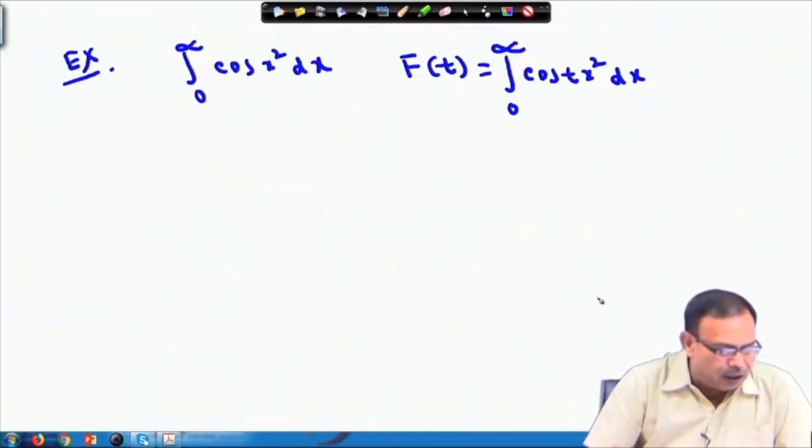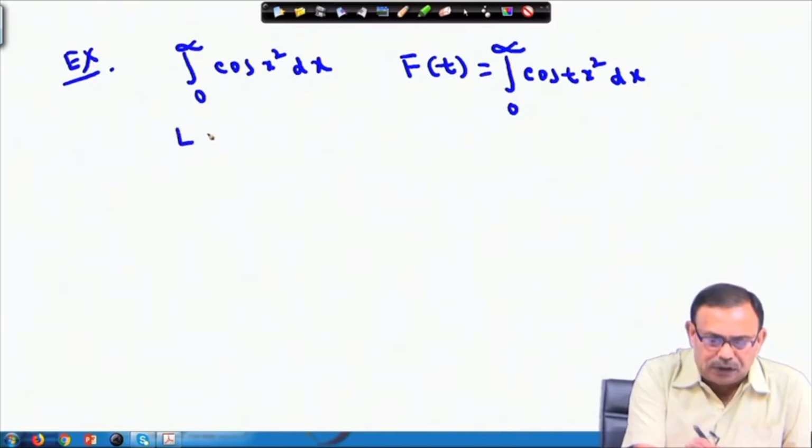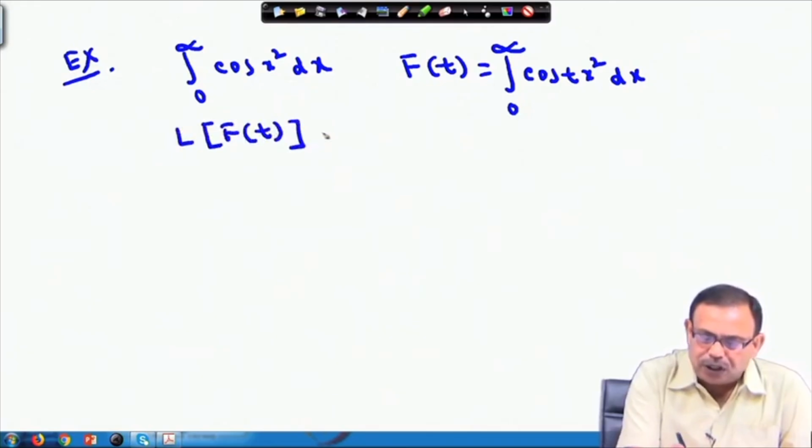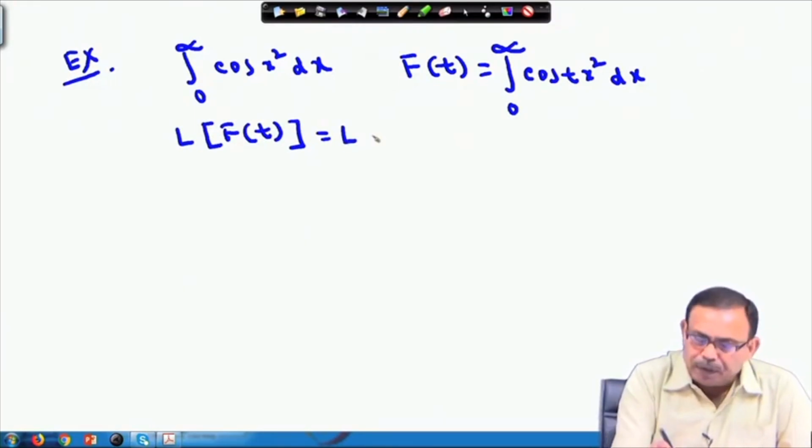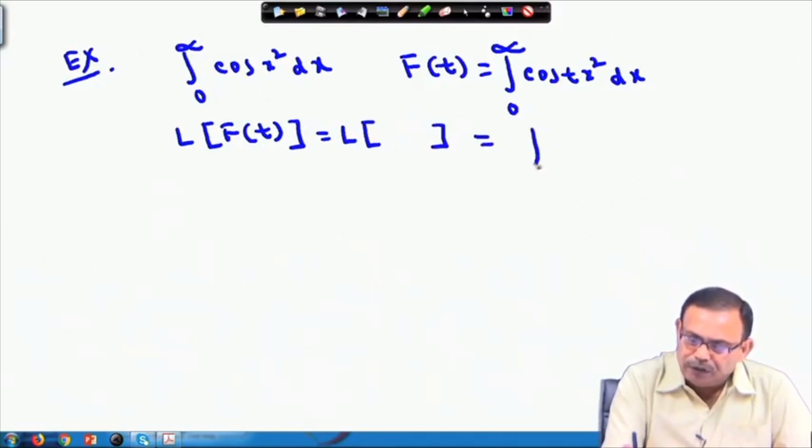Now take the Laplace transform on both sides of the given equation. So the Laplace transform of f(t) equals this; if I evaluate, I will obtain the integral from 0 to infinity of e power minus s t into f(t) dt.